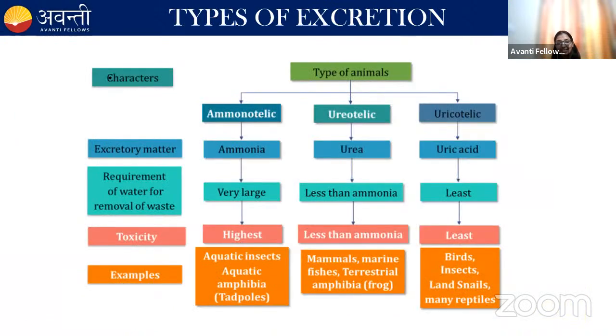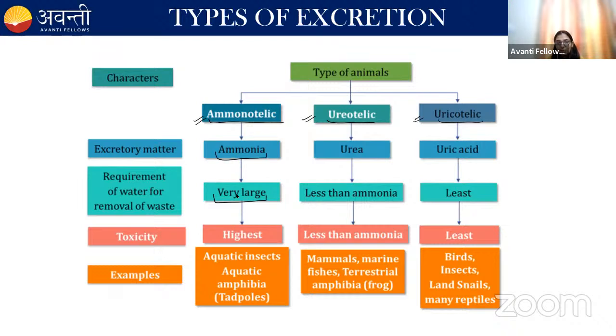On the basis of which nitrogenous waste an organism will excrete, organisms are classified as ammonotelic, ureotelic, and uricotelic. In ammonotelic organisms, the excretory matter is ammonia. It requires a large quantity of water because ammonia is soluble.